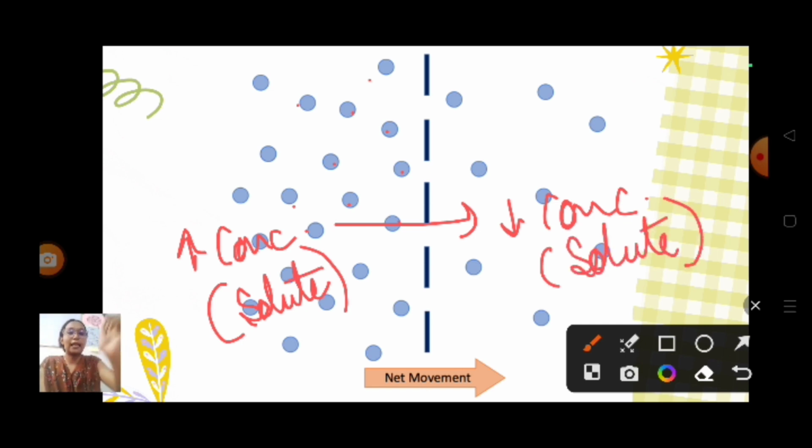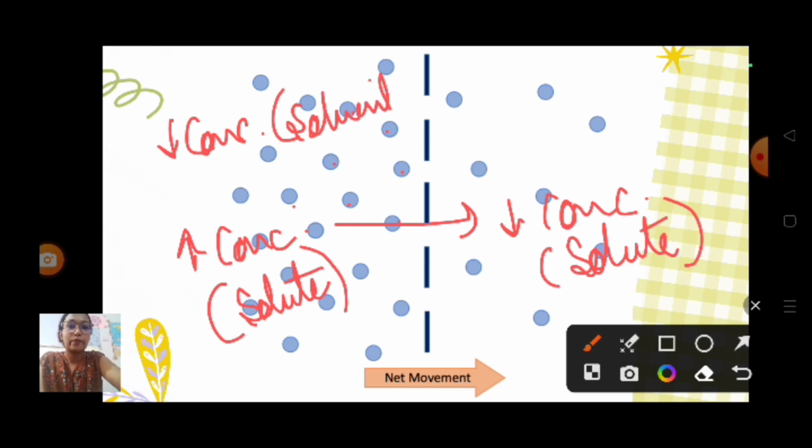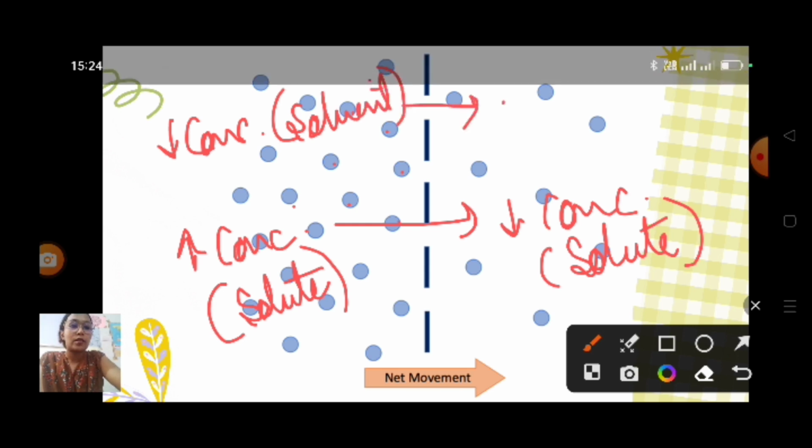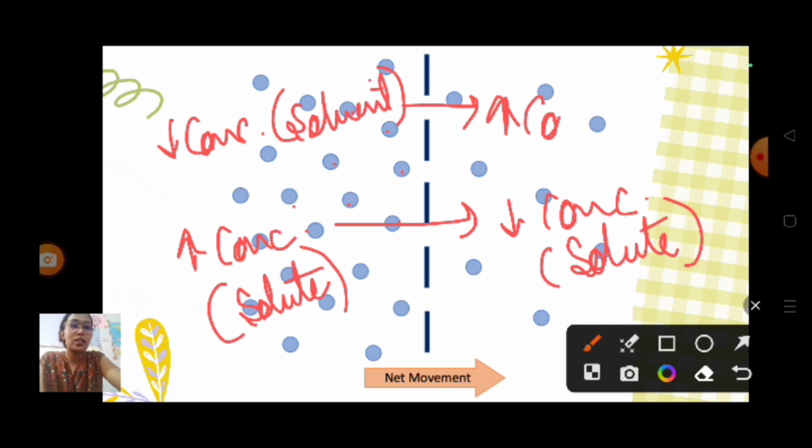Or you can say low concentration with regards to the solvent to the high concentration with regards to the solvent. Are you getting my point? Clear?